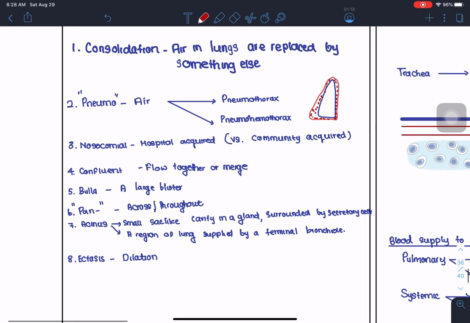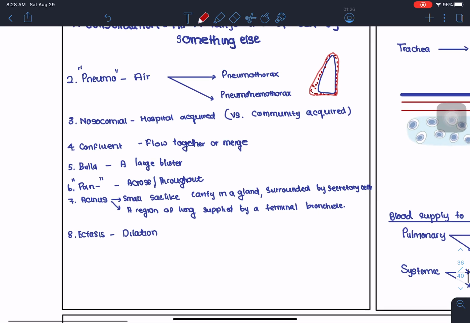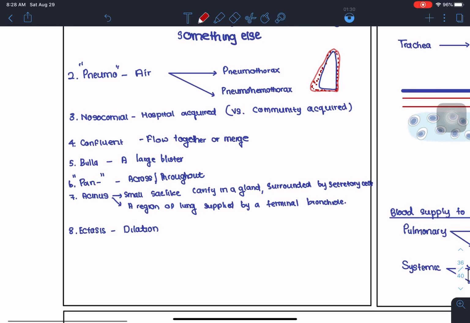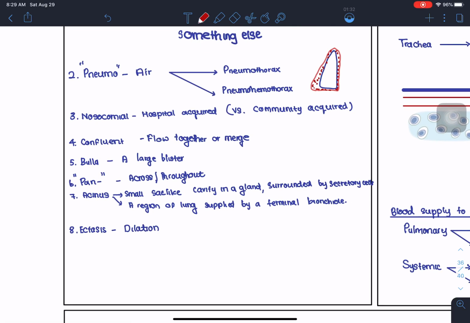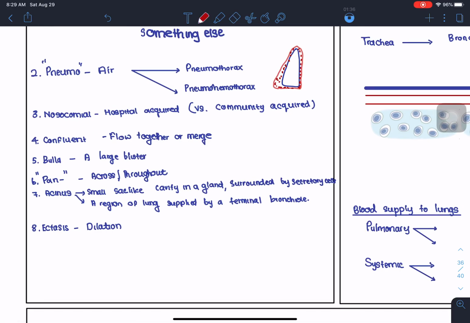Next, pneumo. This is a prefix which you add in front of words such as pneumothorax. And what pneumo means is that it is associated with air. So I have two examples here. Pneumothorax.